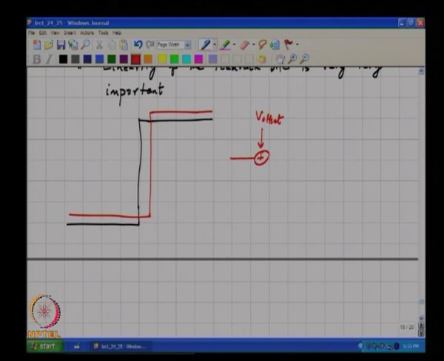right, and the D to A converter, this is a 1 bit ADC, and the D to A converter error can be modeled as, instead of getting say 0 and delta, I am getting alpha and delta plus beta.